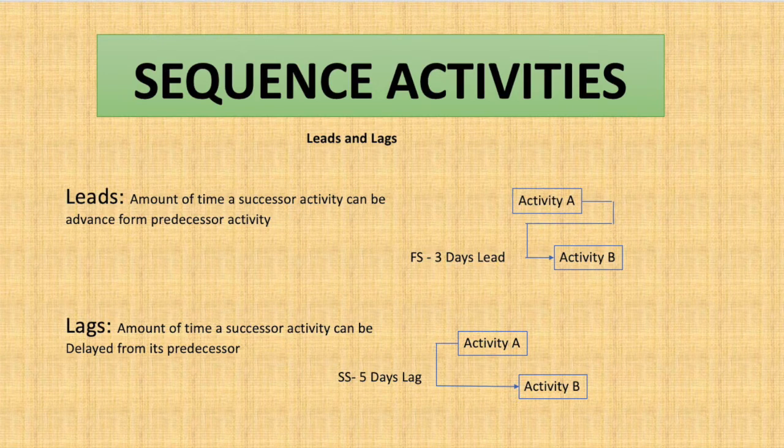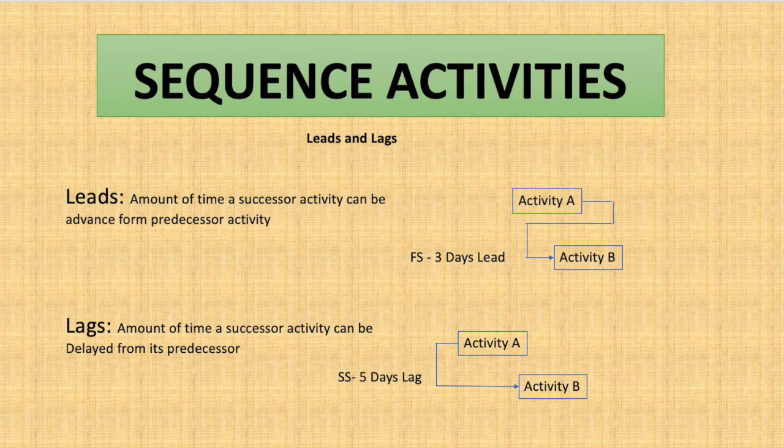We create a relationship that when activity A finishes, activity B will start. But we give a 3 days lead time, so before activity A is completed, activity B will start: 3 days before activity A completes, we start activity B.